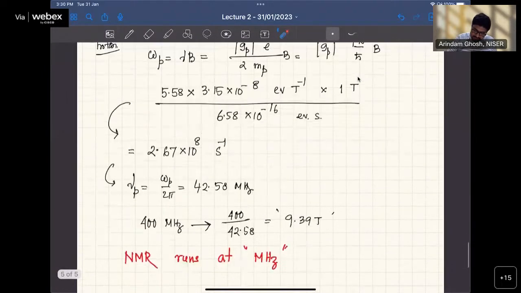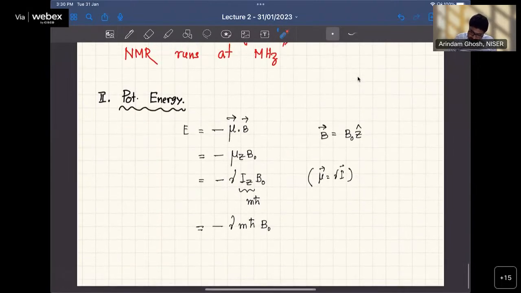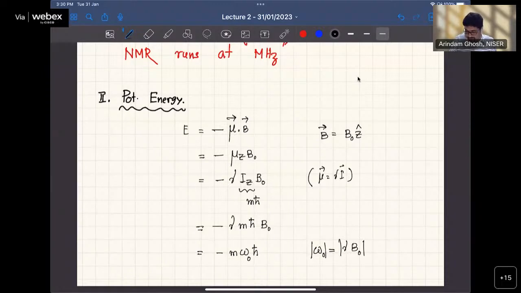So I'll take gamma and B0 and put them into a Larmor frequency, and therefore I'll write this as minus m omega 0 h cross, where omega 0 is gamma times B0 magnitude-wise.